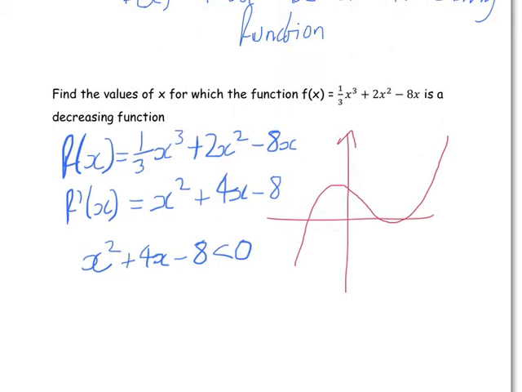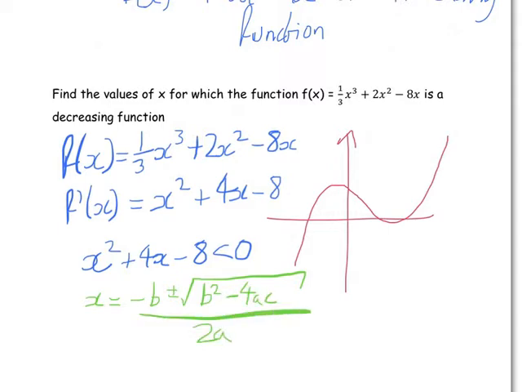To solve this, we're going to have to factorise if we can. Unfortunately this does not factorise, so we're going to have to use our old friend, the quadratic formula, which you should know off by heart: minus b plus or minus the square root of b squared minus 4ac, all divided by 2a.